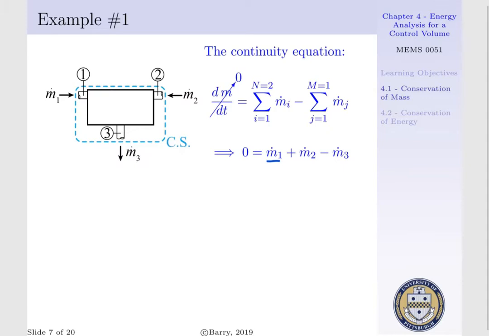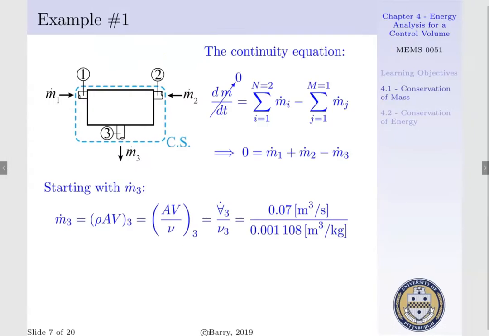Let us first start with our mass flow rate at state 3. Recalling our expression for mass flow rate, m dot is equal to rho AV, we can re-express this in terms of our specific volume, such that m dot 3 is equal to our cross-sectional flow area times our velocity per our specific volume. Our cross-sectional flow area times velocity is identically equal to our volumetric flow rate, and this is per our specific volume at state 3.